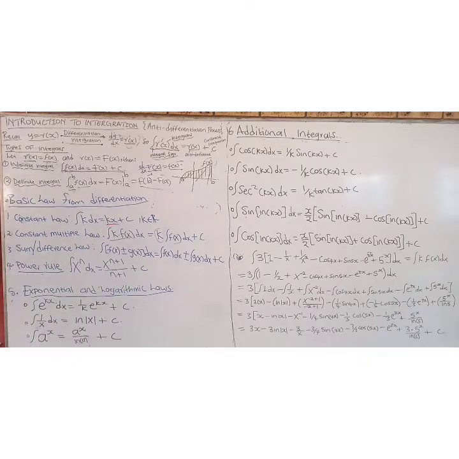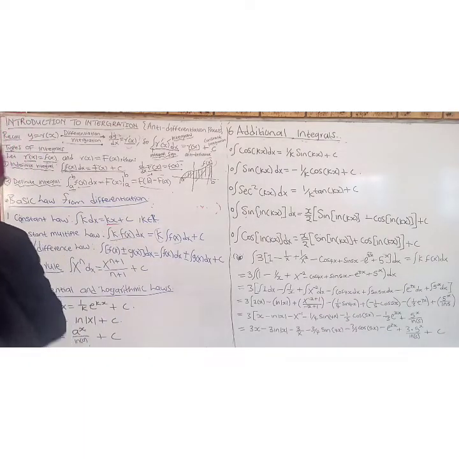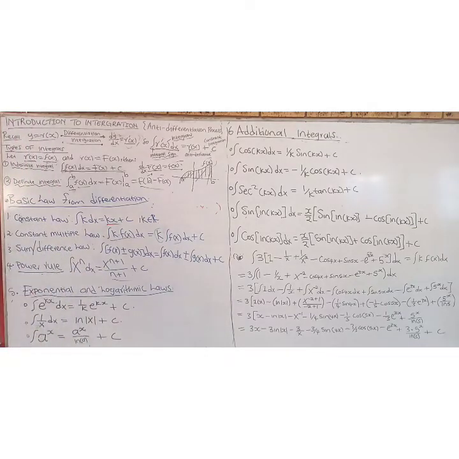The power rule was derived from the power rule of differentiation, so the power rule of integration is the same as this. Then we have the exponential and logarithmic laws.